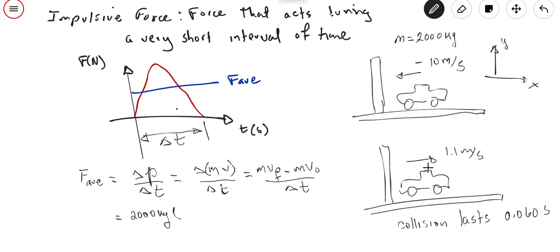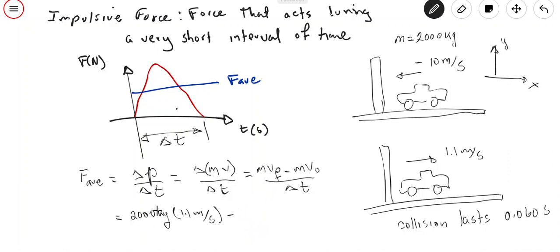The final velocity is the velocity after the collision, so times 1.1 meters per second, minus, and now we have again the mass. If you want, you can take the mass as a common factor, so you can say mass times final velocity minus initial velocity. Or we can just keep both terms apart.